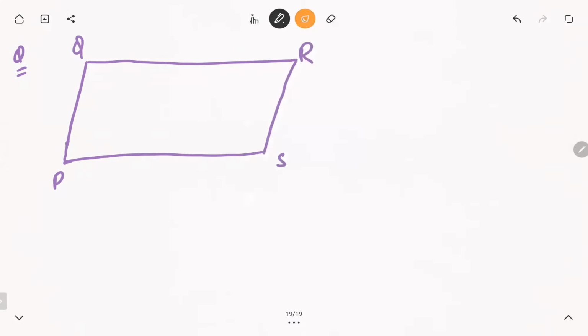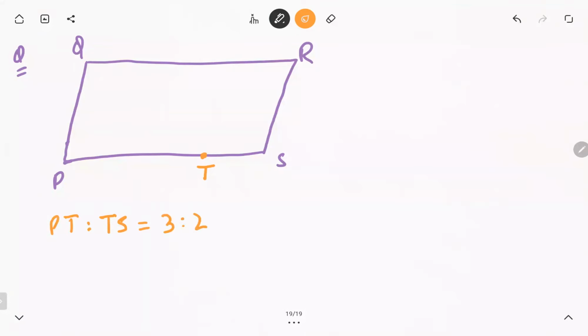Further, it is given that T is the point here on the line PS, and it is given that PT ratio TS is 3:2.